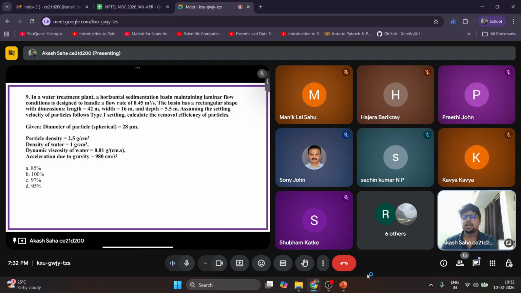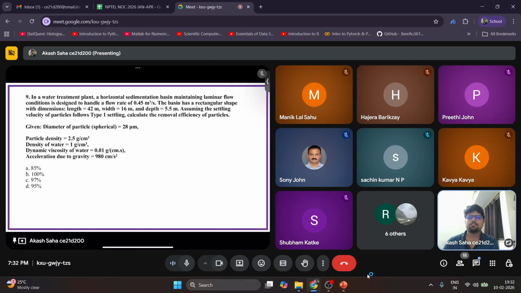In a water treatment plant, a horizontal sedimentation basin maintaining laminar flow condition is designed to handle a flow rate of 0.45 meter cube per second. The basin has a rectangular shape with dimensions length 42 meter, width 16 meter, and depth 5.5 meters. Assuming the settling velocity of the particle follows type 1 settling, calculate the removal efficiency of particles.